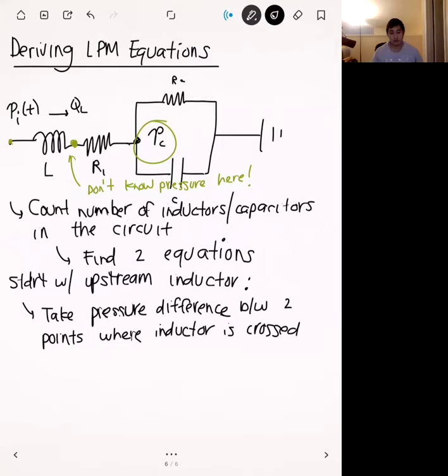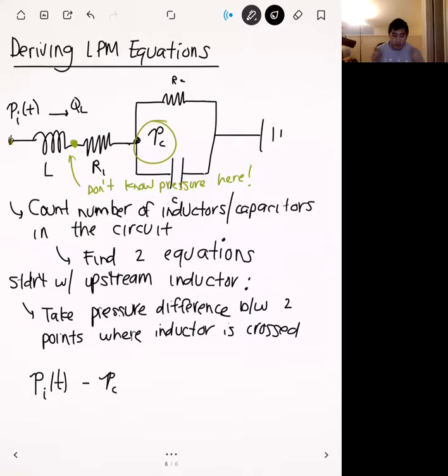Okay. And so in this case, the 2 points that we're going to consider are, one, PI, which is the inlet pressure, and the next point that we know, which is PC.